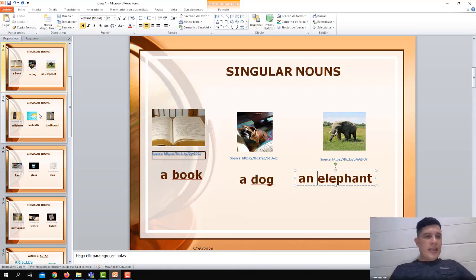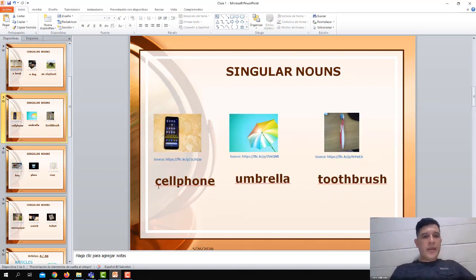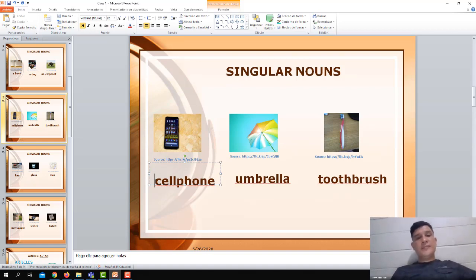Okay, so next part. So we have more singular nouns. And on this one, what do you think it is? Let's see, help me out, Paula. Which one do you think it is? A or an? ¿Es sonido de vocal el que se escucha o sonido de consonante?